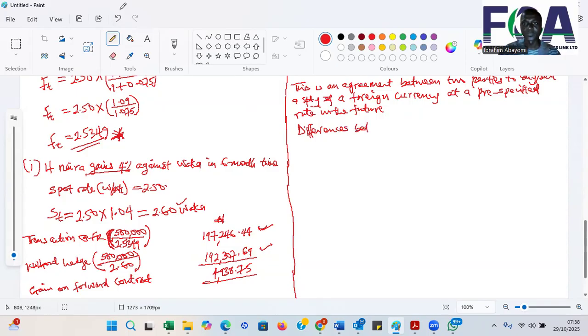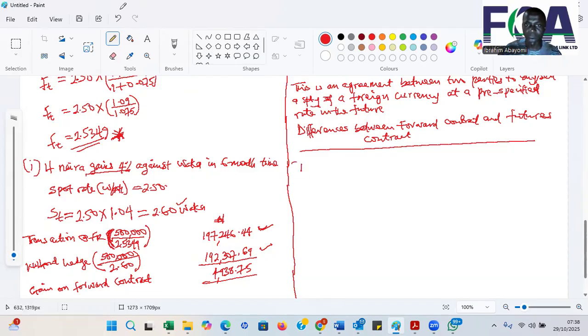Differences between forward contracts and futures contracts.